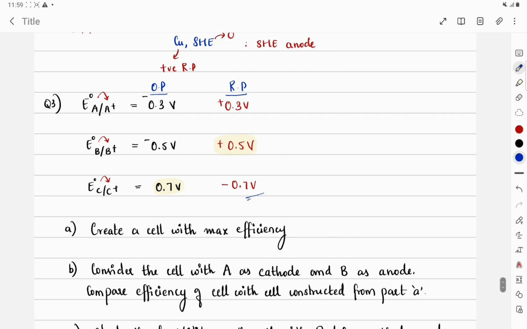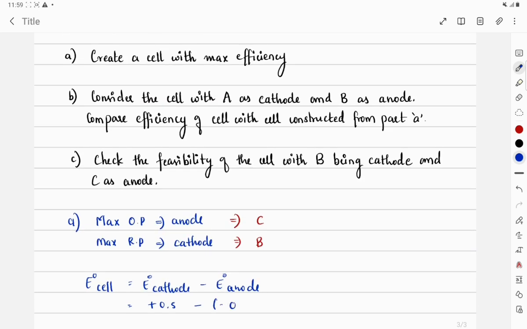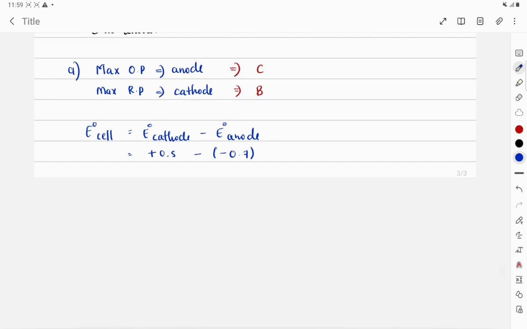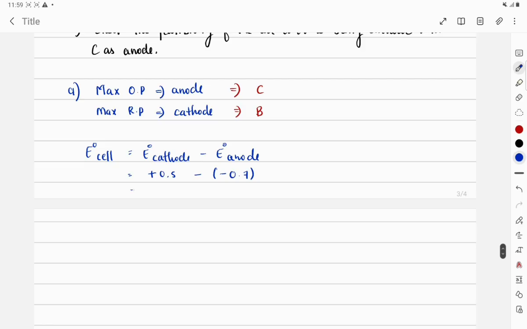The reduction potential of anode is minus 0.7, that means minus of minus 0.7 volt. That will be plus 0.5 plus 0.7, and the answer will be plus 1.2 volt, which is a fairly good cell potential.